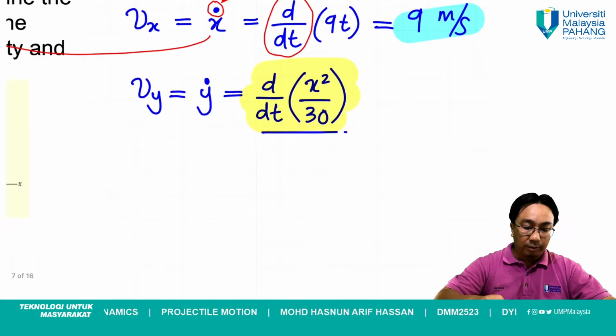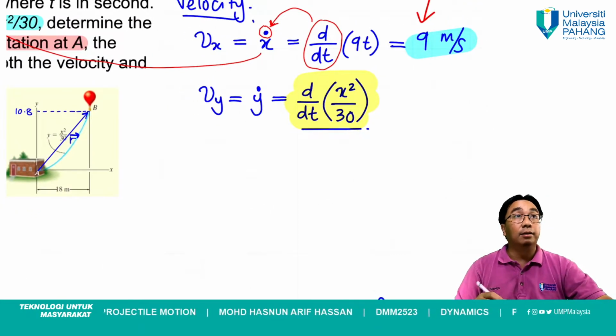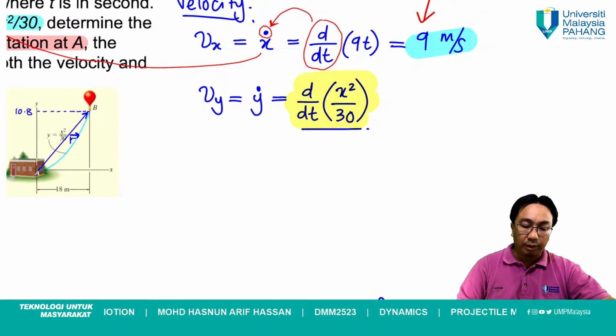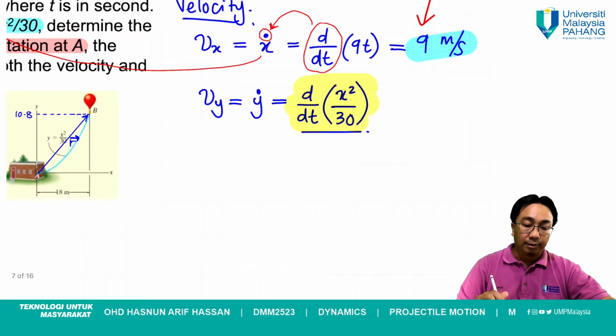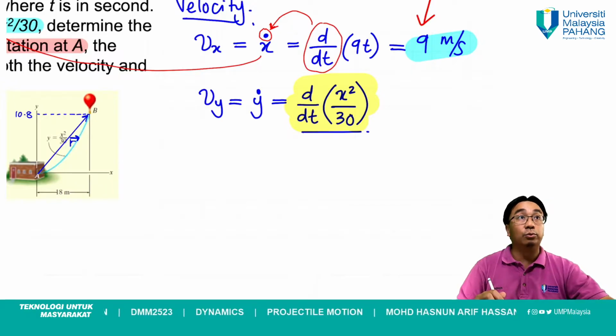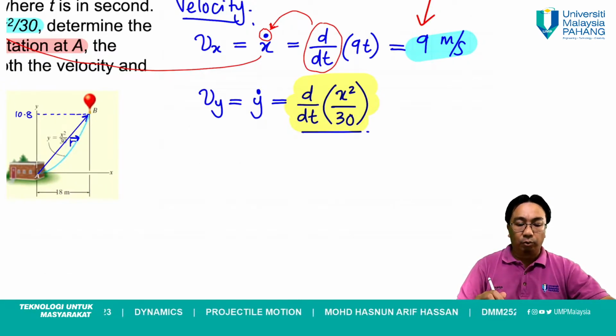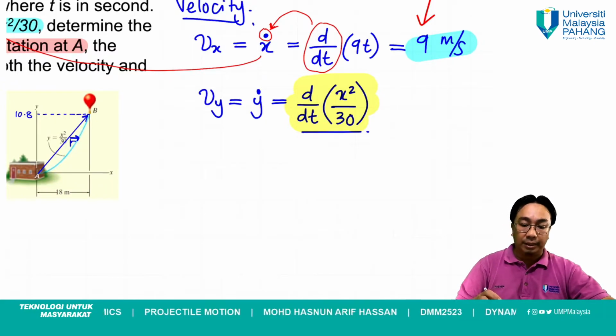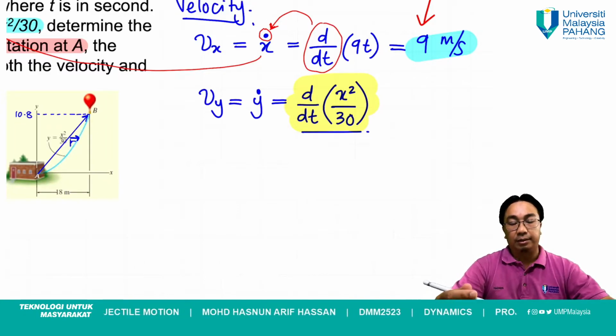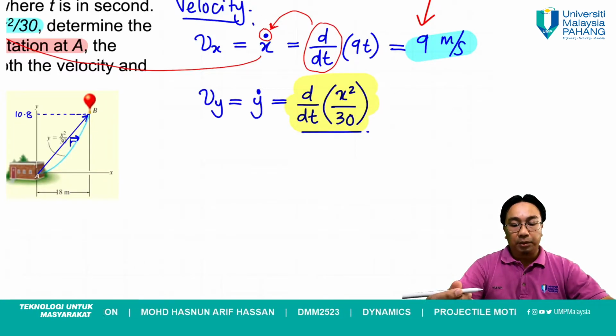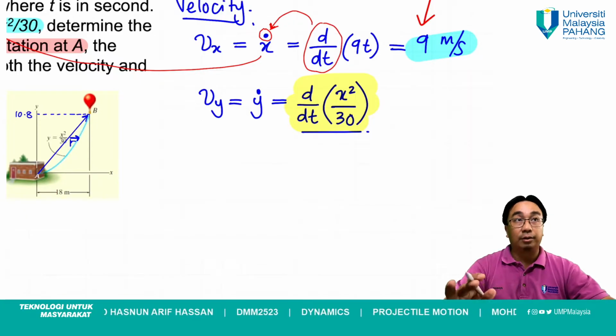So kita tengah calculate the velocity in both x and y axis. In the end we have Vx is equal to d over dt of 9t. So bila you differentiate 9t, you akan dapat 9 meter per second. So yang tu tak ada masalah.